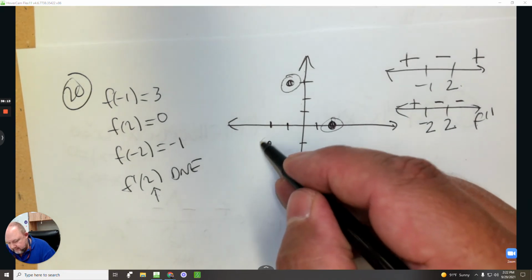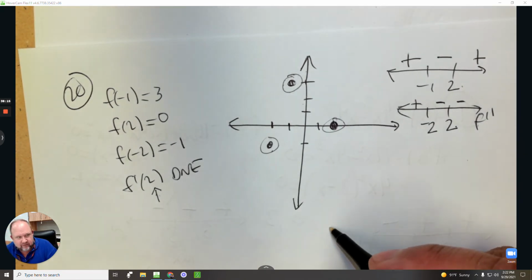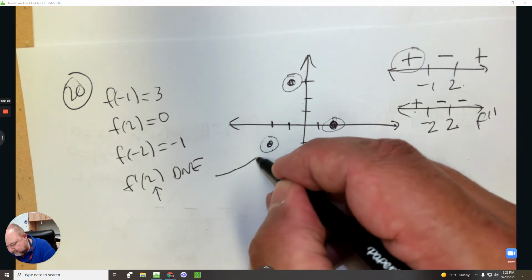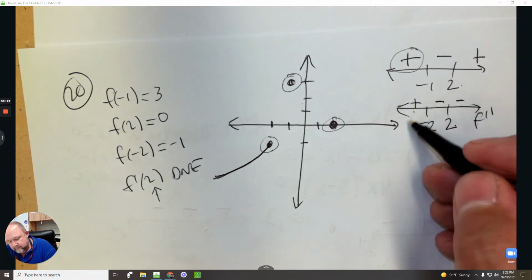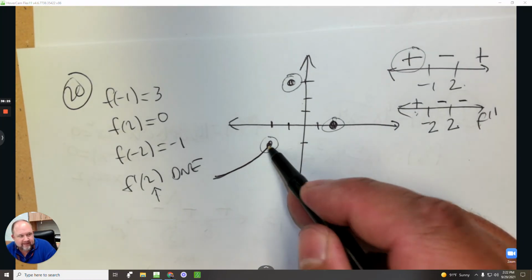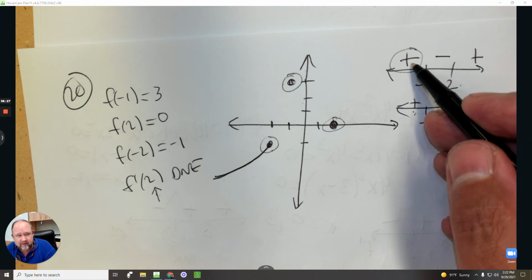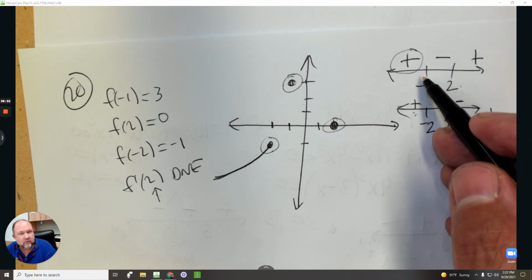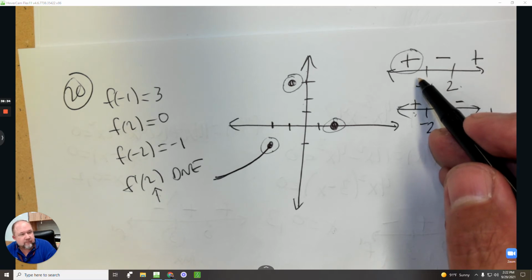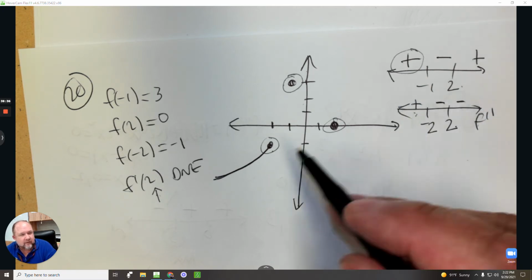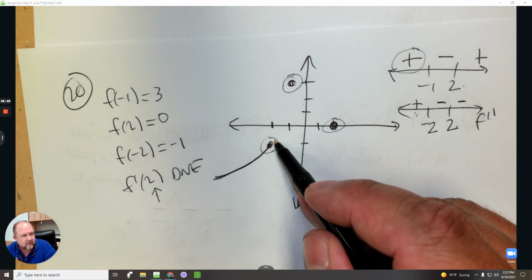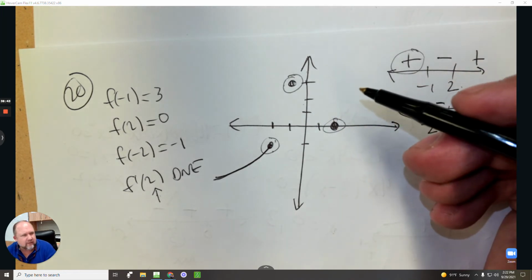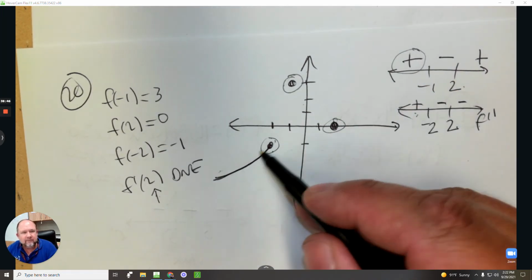So here at -2, the concavity changes. So it's increasing. So it's concave up and increasing. Then it changes. It's still concave up, but then it's going to go up to -1. And then it's going to decrease. Let me look again.